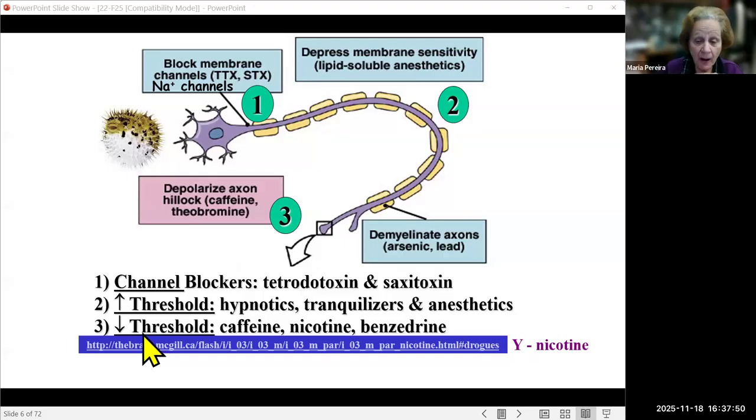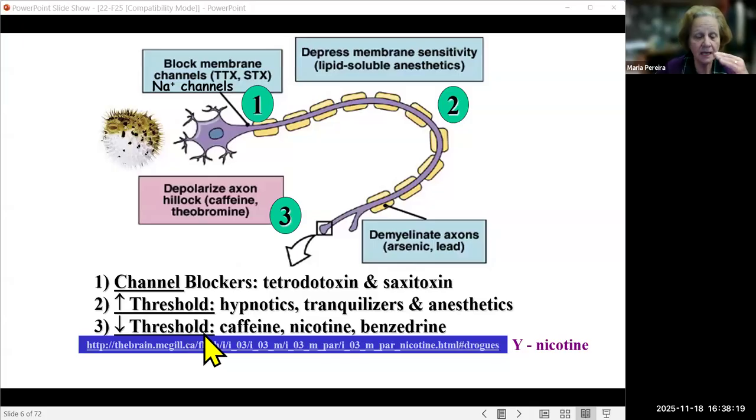So how about to stimulate? Think about caffeine, right? If we drink a lot of caffeine, it keeps us awake. That means that we are decreasing the threshold. That means that the strength of the stimulus applied to the neurons has to be much lower than if we don't drink caffeine. So the threshold goes down.